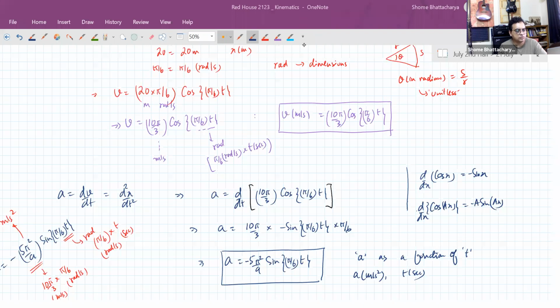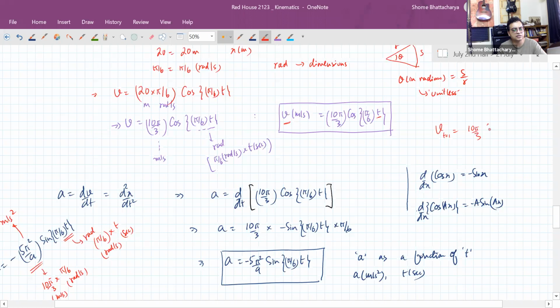Yeah. So at first we take pi by 6 and then pi by 2. So can we take any radian value to substitute? No, the thing is, see, we are substituting the value of t over there. So the important thing is velocity as a function of time. So v is a function of time as this. So for example, when we are calculating the instantaneous value of v at t equal to 1 second, we will substitute the value of t as 1 second.